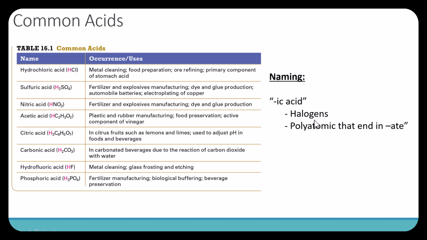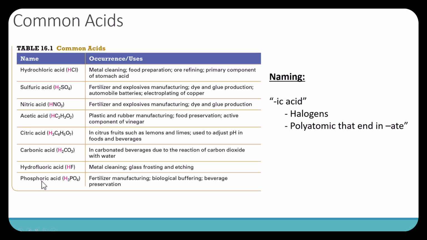For acids that are made with polyatomics that end in ate, so nitrate, sulfate, phosphate, we would do, again, the ic acid. So nitrate, we say nitric acid. Carbonate is another one, carbonic acid.